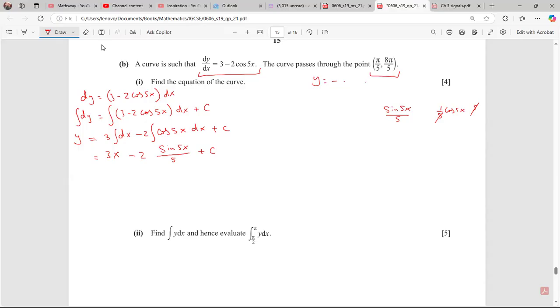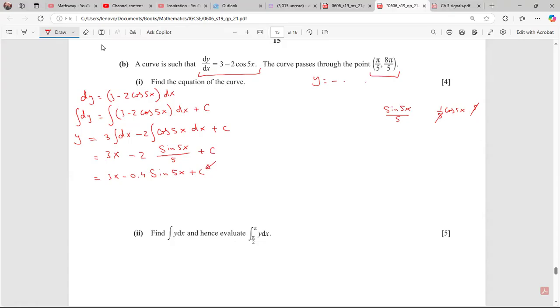Slightly simplifying it, 3x minus 2 over 5 will give me 0.4 sine 5x plus c. Okay, so I have found the equation of my curve except for this constant c.